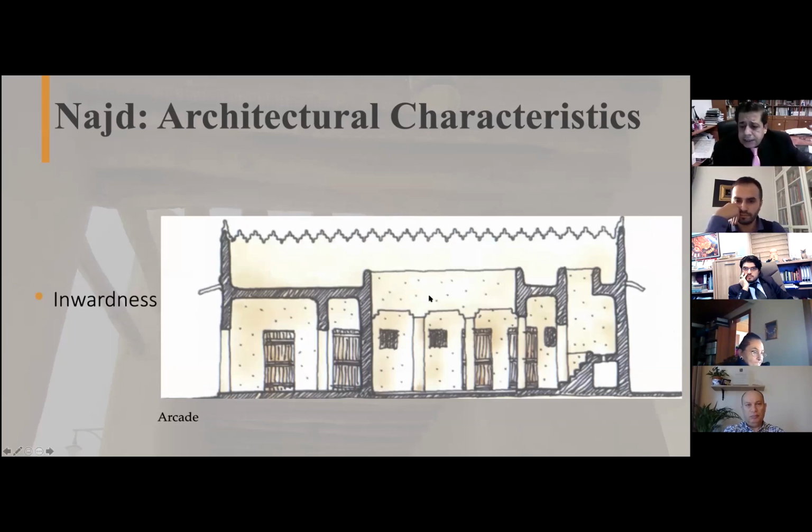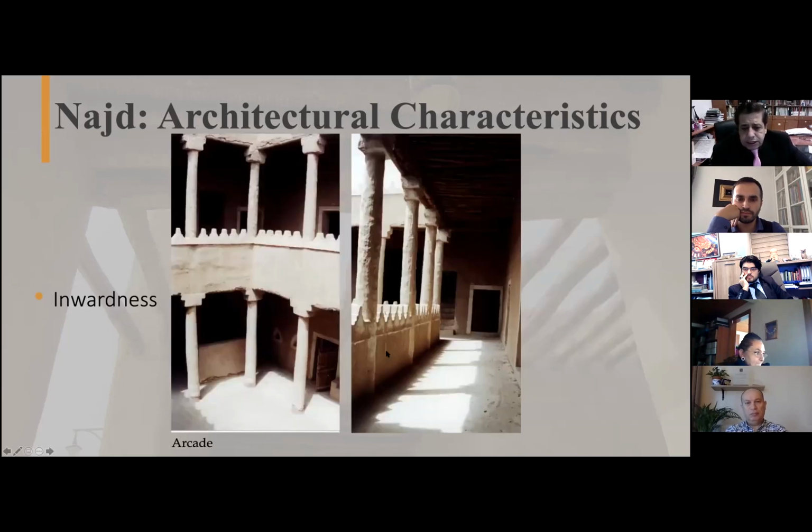Sometimes the courtyards are surrounded by arcades, which add more coolness to the spaces behind them, the ruwak or iwan, as we see here, both on the ground floor and the upper floor.